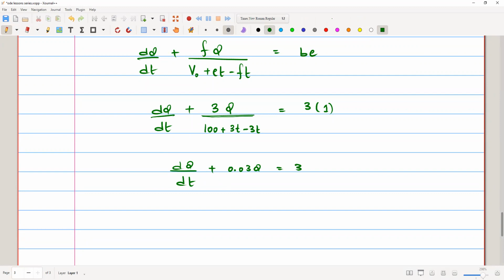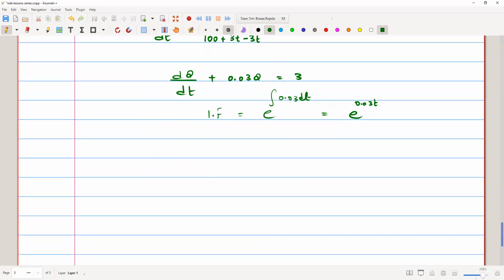Now this is simply a linear equation. We can find the integrating factor for this equation, that will be exponential to the power integral of this function. So we will get e to the power 0.03 t, that is our integrating factor. So the solution will look like q times e to the power 0.03 t equals the integral of 3 e to the power 0.03 t dt.